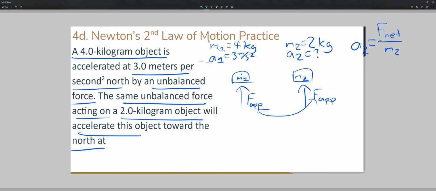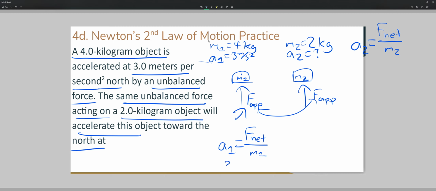But what we can do is first solve for our net force. I can say that the acceleration of object 1 is equal to my net force, which is really just my applied force here, there's no other force, over m1.